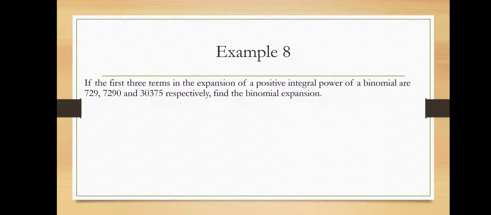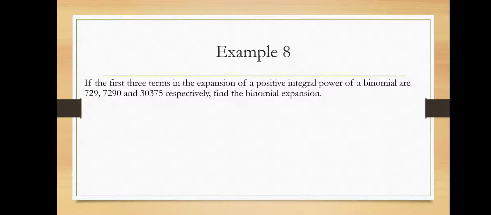So the question is, if the first 3 terms in the expansion of a positive integral power of a binomial are 729, 7290 and 30375, then find the binomial expansion. So nothing is told about the binomial, it is just told that it is a positive integral power of a binomial.